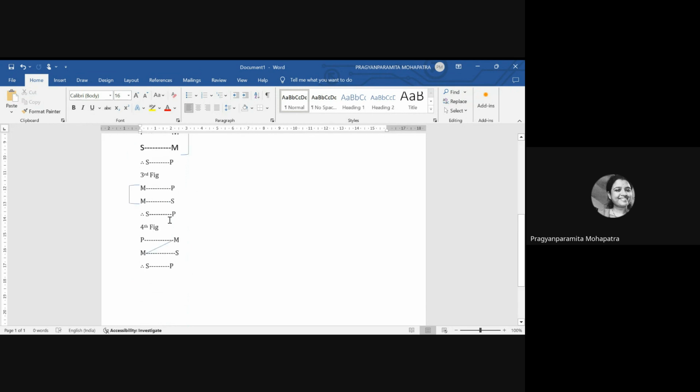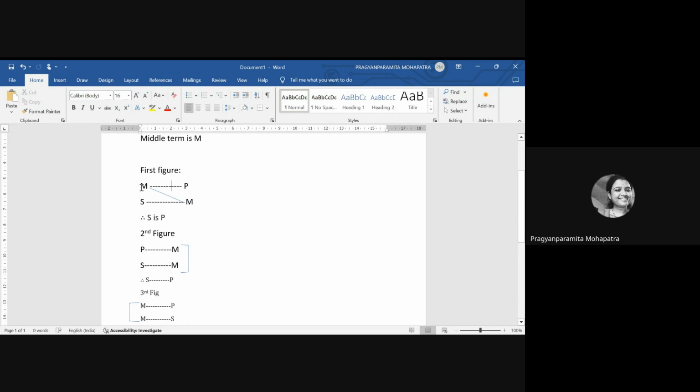Okay, that means, for example, let's take this first figure. Suppose the major premise could be A, E, I, O, anything of the propositions. Yes or no? Major premise can be A proposition or E proposition or I or O. Similarly, the minor premise can also be the A, E, I or O proposition.